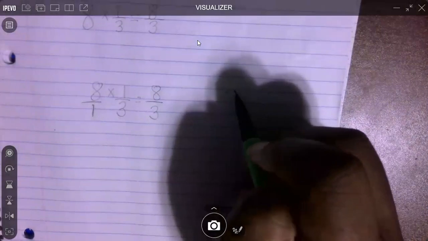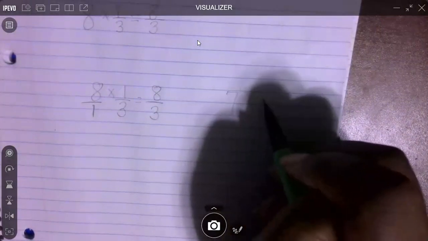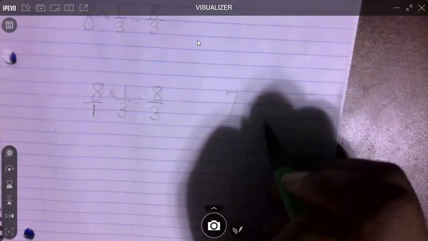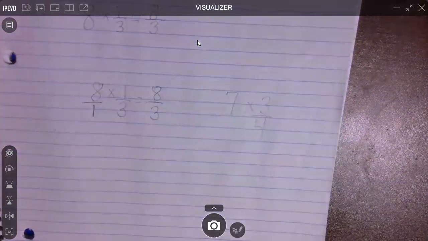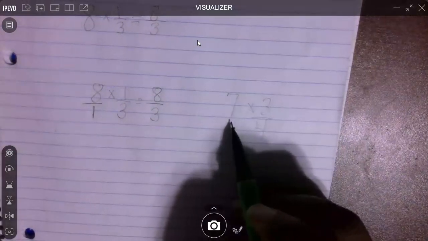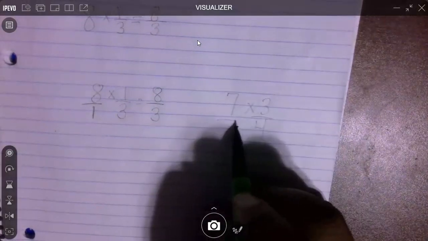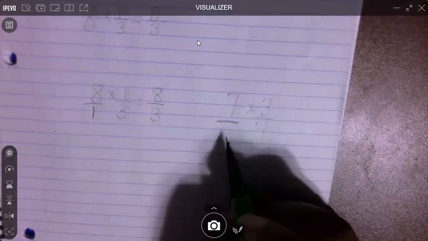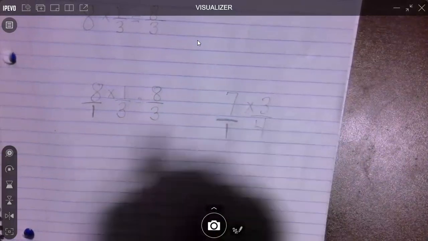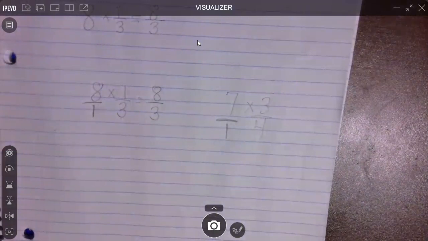So let's try that again. This time we're going to do 7 times 3/4. Again, the strategy that we're using today is to change this whole number, this 7, into a fraction. So I'm going to add my fraction bar and add a 1 as the denominator underneath my whole number, because again, it's in one piece.